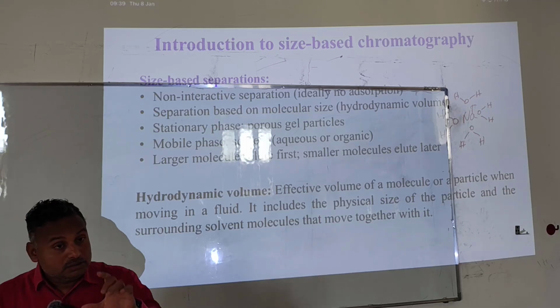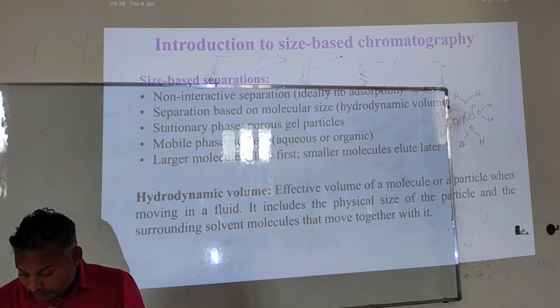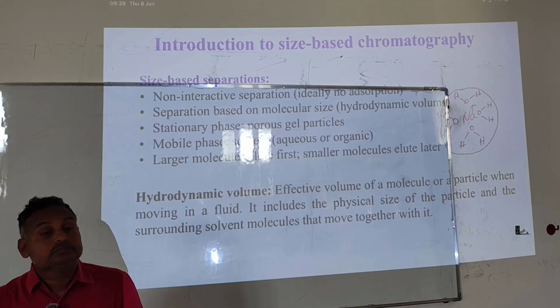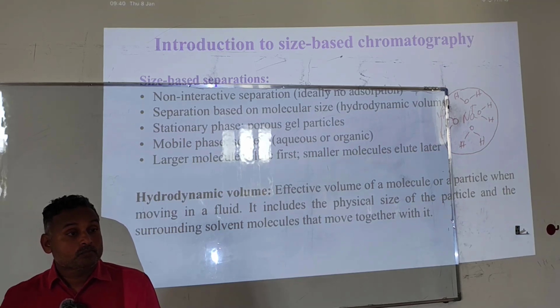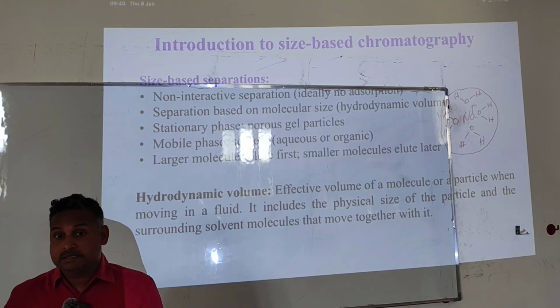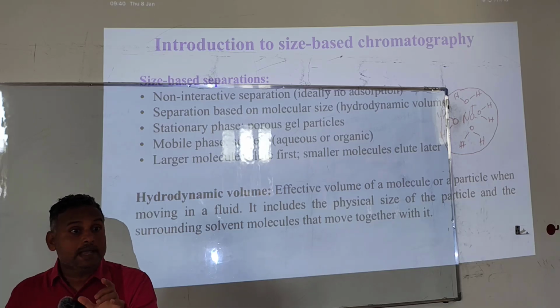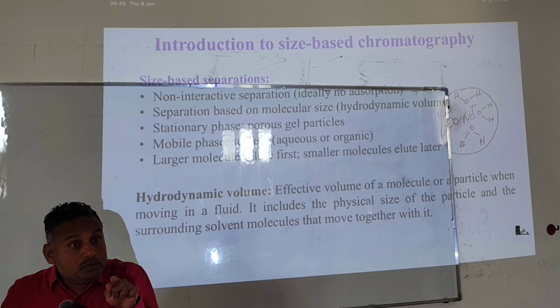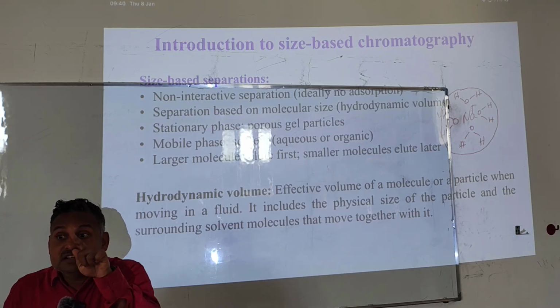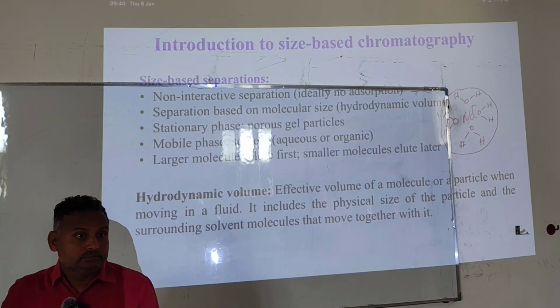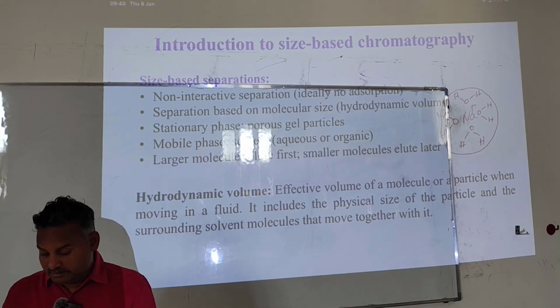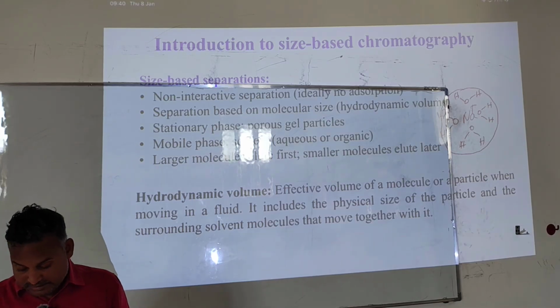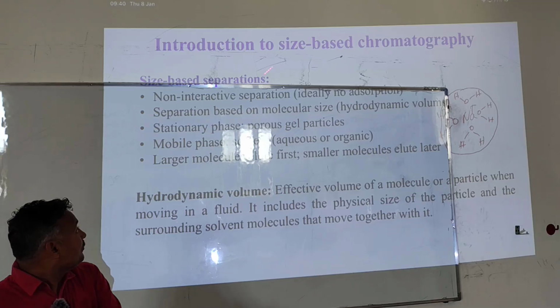Hydrodynamic volume means the volume occupied by both the ion as well as the solvation sphere around the ion. That is the net size of the ion.